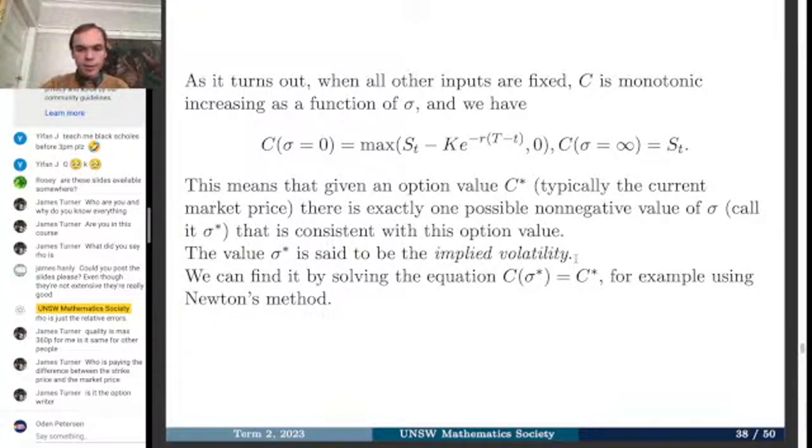And it turns out that this has a unique solution for the volatility, so long as we assume that the volatility is positive, or non-negative.